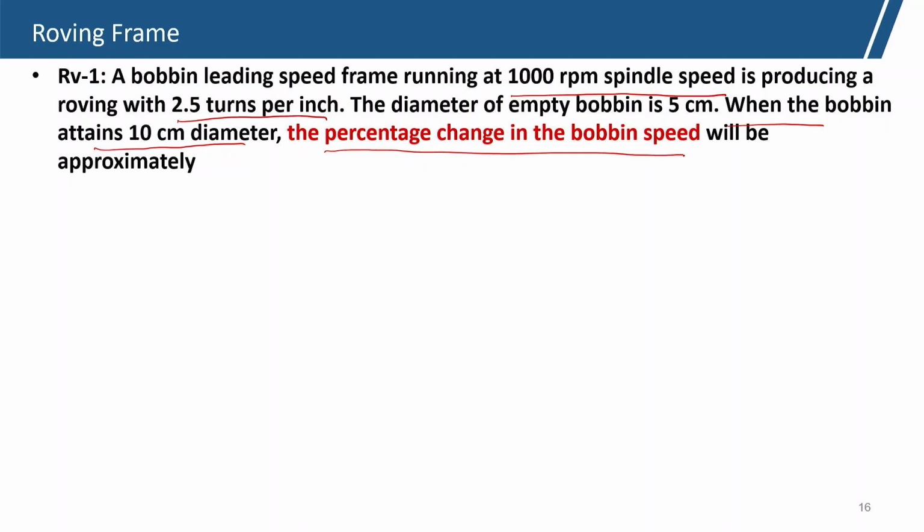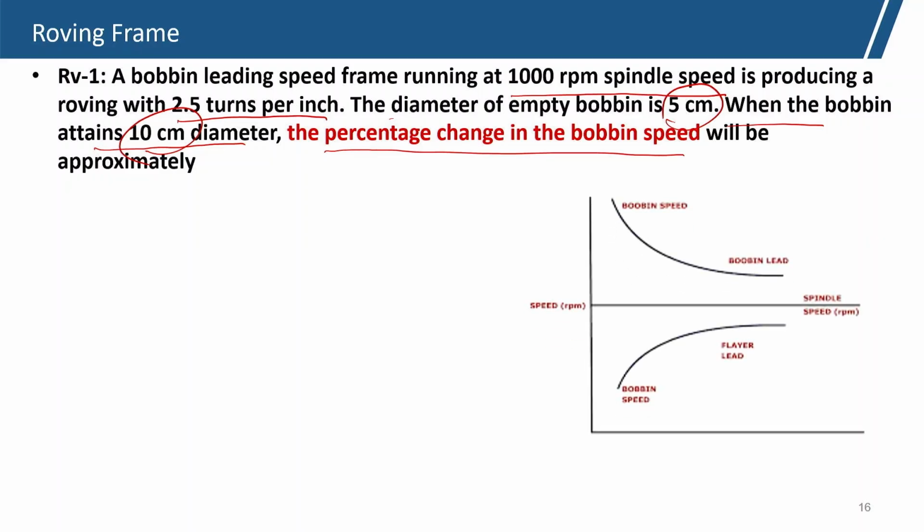That means, initially it is bobbin leading, the empty bobbin diameter is 5 centimeter, and we want to calculate the change in speed. That means, speed is reduced when it has attained 10 centimeter diameter. We want to calculate the percentage reduction in bobbin speed. So, this is the bobbin leading.